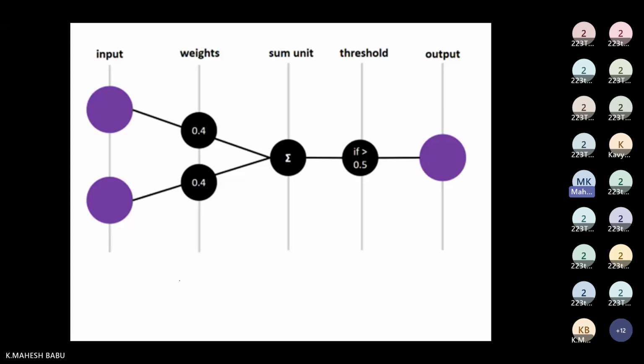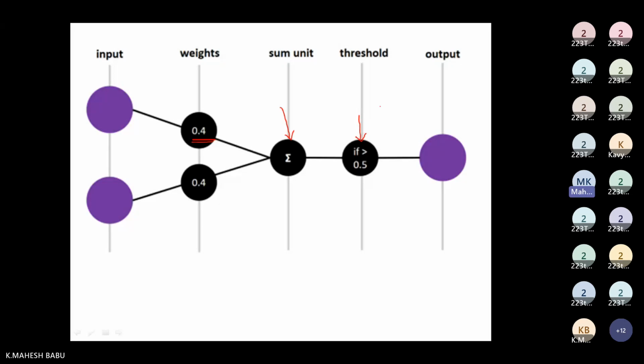This is a simple diagram. Whatever inputs you provide are multiplied with some random weights. Those weighted inputs are summed together in the sum unit, and the sum unit is handed to the threshold function. Here you are determining whether the neuron is going to fire a result or not.